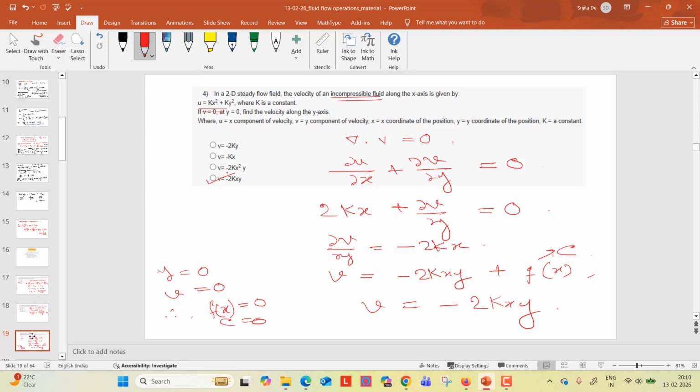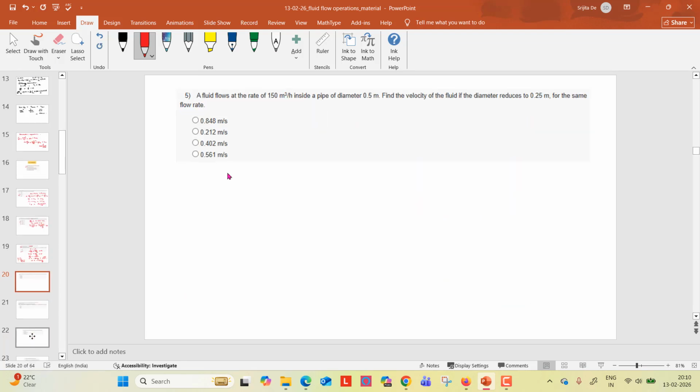Right? Next. A fluid flows at the rate of 150 meter cube per hour inside a pipe of diameter 0.5 meter. Find the velocity of the fluid if the diameter reduces to 0.25 meter for the same flow rate. So what is given? Q is given basically, the flow rate, right?